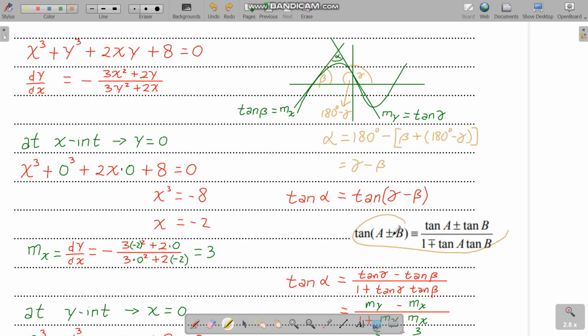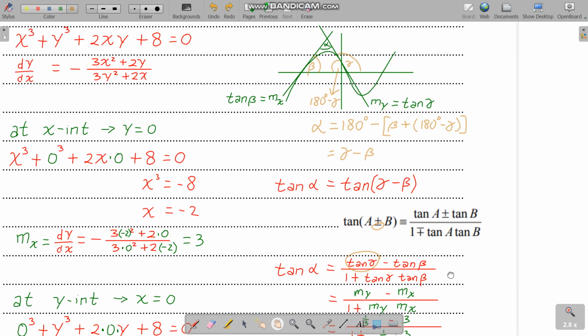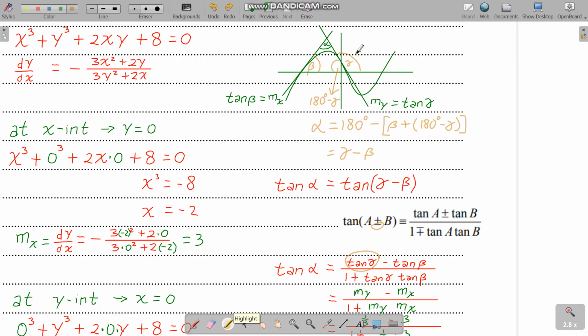Because we are using tan(A minus B), we use the formula: tan A minus tan B all over 1 plus tan A tan B. Now what are tan gamma and tan beta? Tan gamma would be the gradient of this tangent line. I'm going to call it my, the gradient passing through the y-intercept. That's tan gamma.